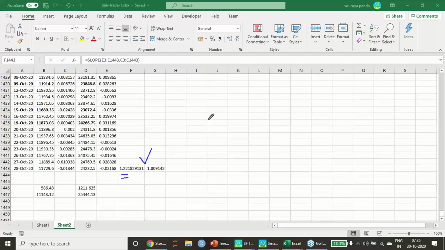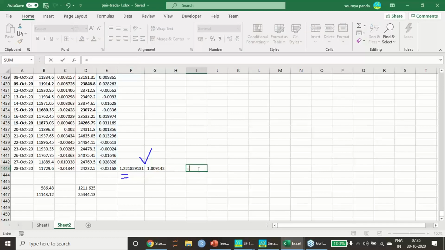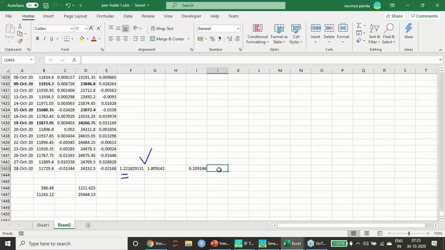If Nifty during this volatility situation goes up by 5%, then I will expect 5 into 1.22, minimum 6% in the Bank Nifty, or from the past 10 days data, it is 9%.